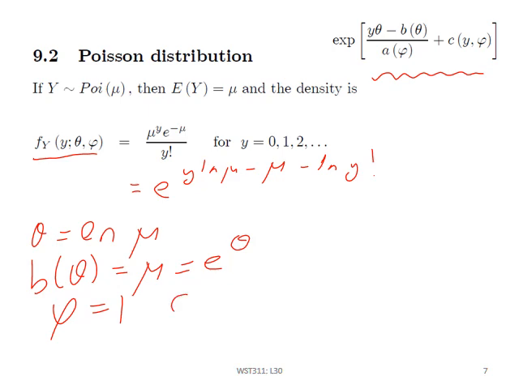Therefore, a of the scale parameter is also equal to 1. c of y and the scale parameter is equal to minus the ln of y factorial. Therefore, we can conclude that the Poisson distribution is a member of the exponential family of distributions.